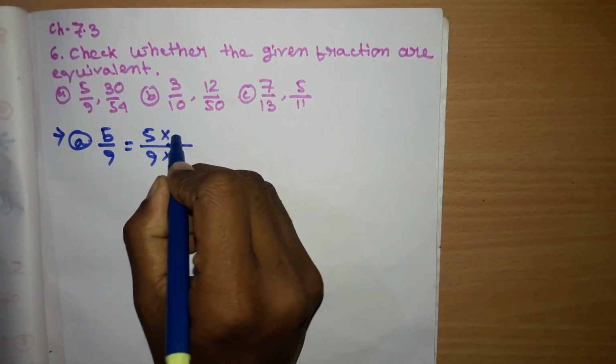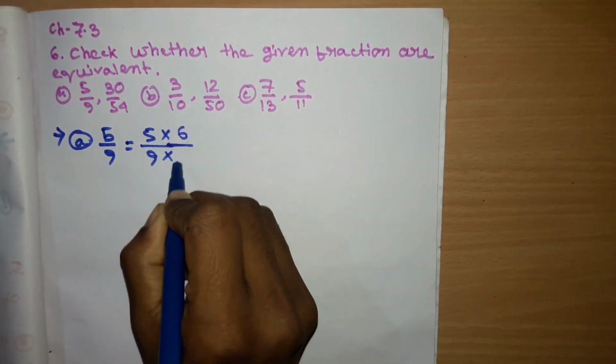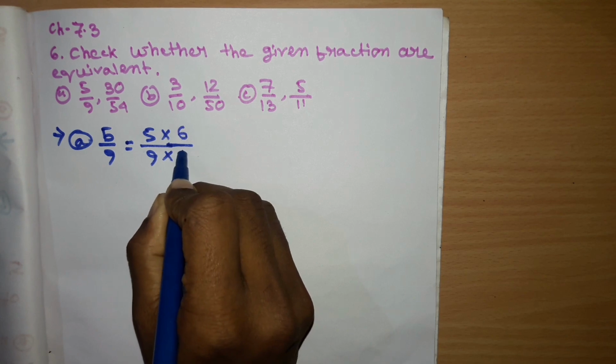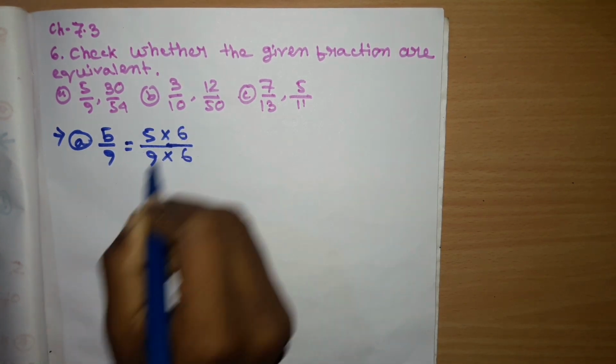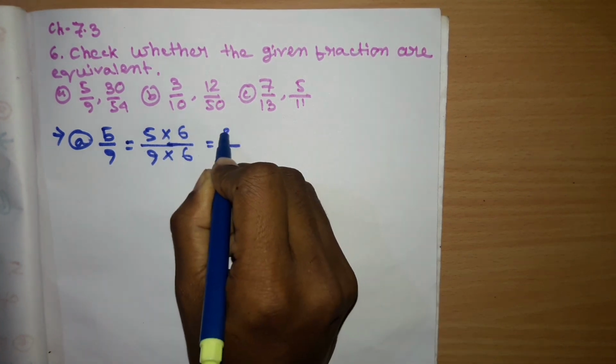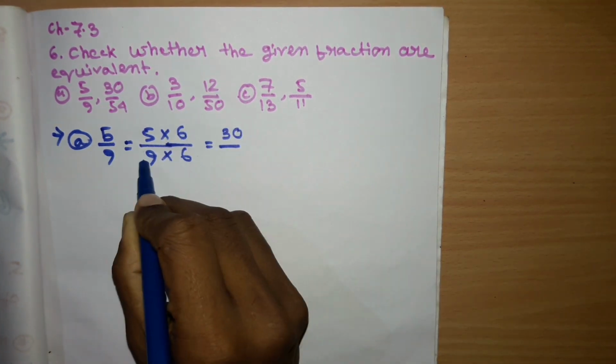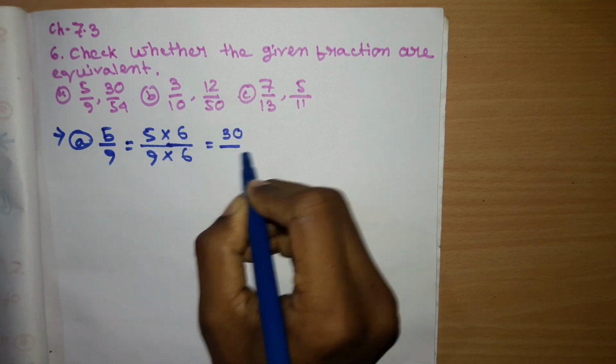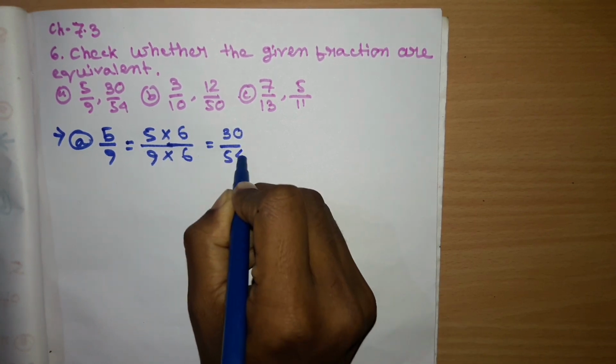Suppose 5 into 6, then I have to multiply the denominator also, 9 into 6. What I'll get is 30, and 9 sixes are 54.